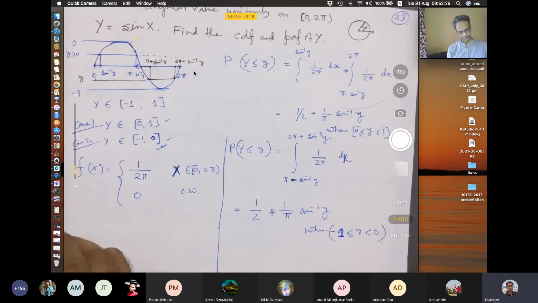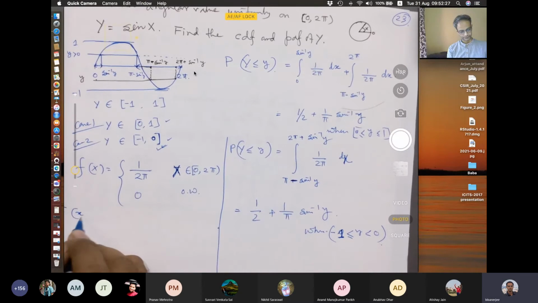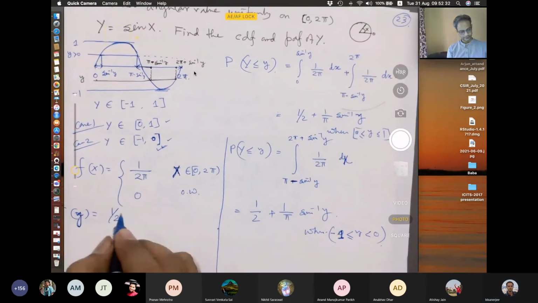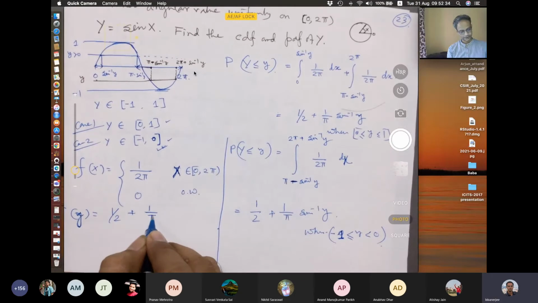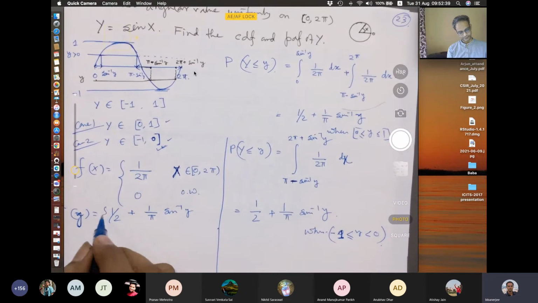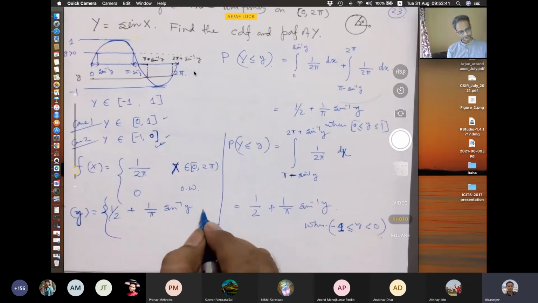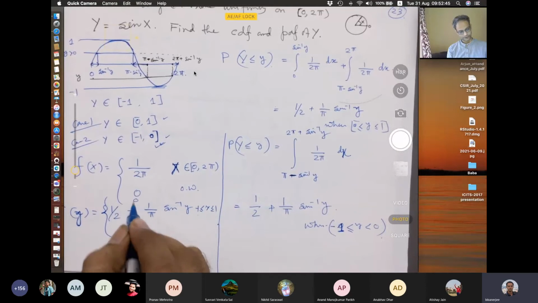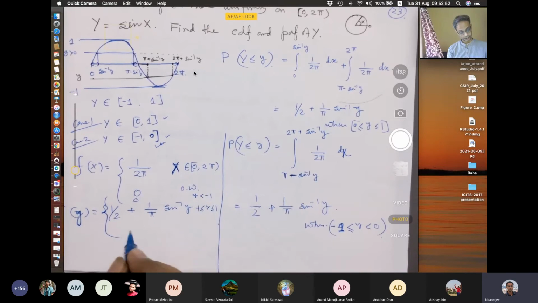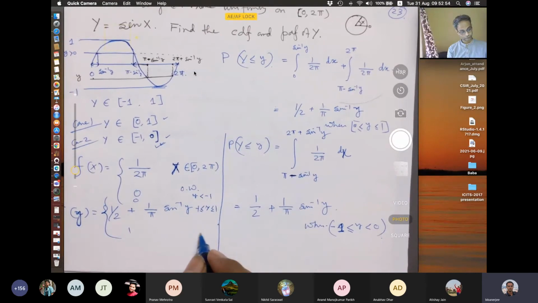Okay, so FY is half plus 1 by pi sine inverse y, y belongs to minus 1 to plus 1. 0 for y less than minus 1. 1 for y greater than 1.